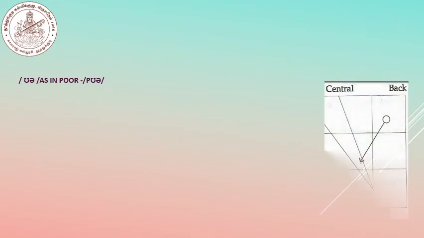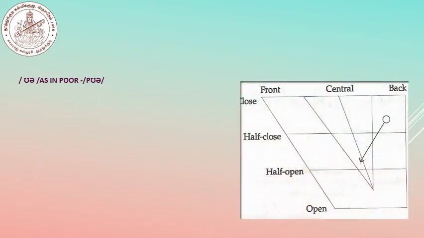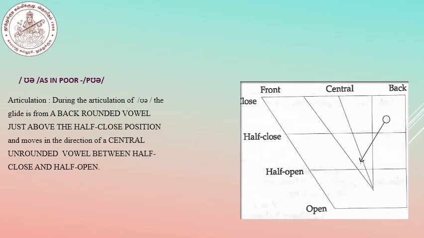The last one, who, the first sound is woo, that comes in the back part of the diagram, that is a back vowel, and then the schwa that comes with a go. So it is a central vowel. So the arrow mark glides towards the center position.